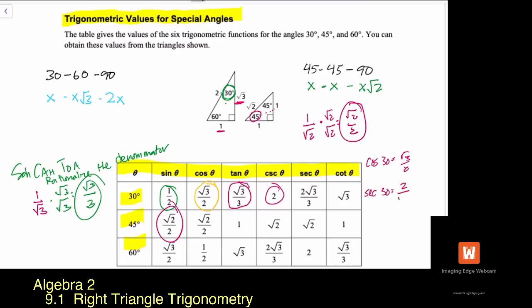Once again, you cannot have a radical in your denominator. So I'll rationalize, multiply top and bottom by rad 3, and we now have 2 rad 3 over 3. And that matches up exactly with what you see on the table, 2 rad 3 over 3.